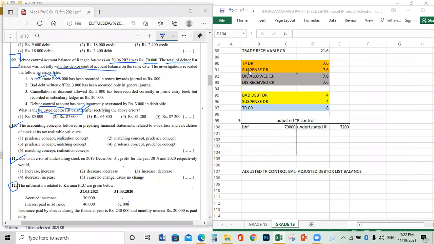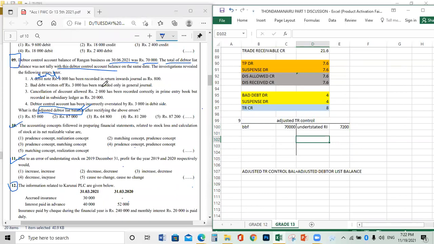From the general journal, you take it to the control account. From the prime entry book only you take it to the control account, right? So if you have recorded in the general journal, wouldn't you record in the control account?